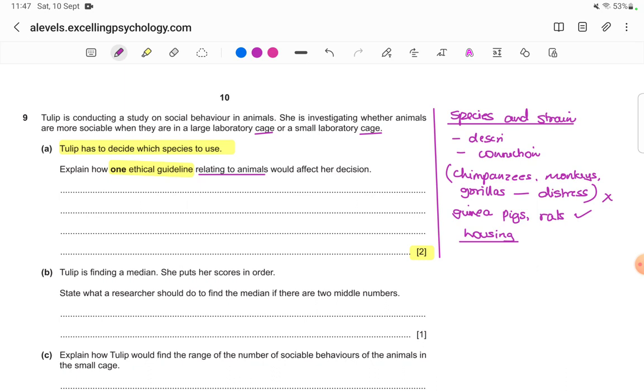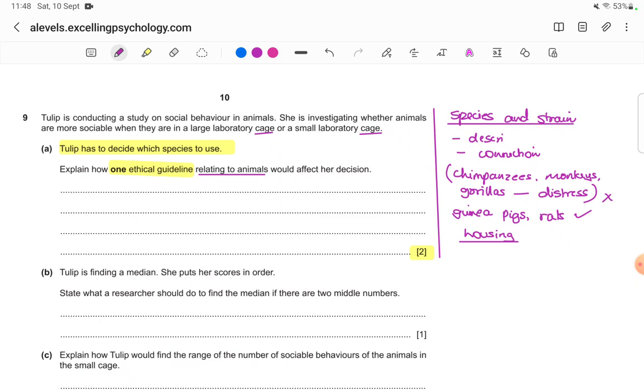You can always discuss housing then. When it comes to housing for this particular study, the consideration is similar, but of course it appears that Tulip, when she's going to place the animals in cages, for a lot of time they will be in the cages only. So even in between the study, and behind the scenes also, they will be in the cages. That is what it seems like.